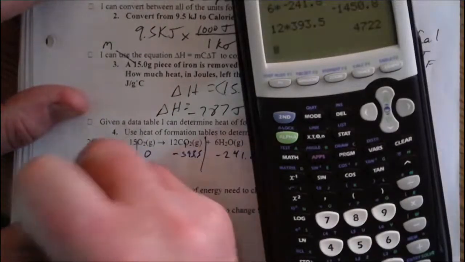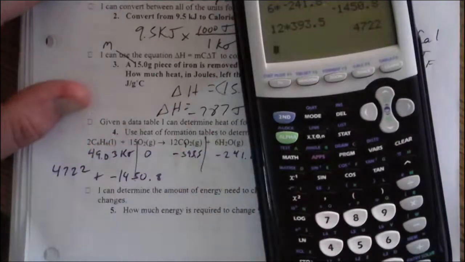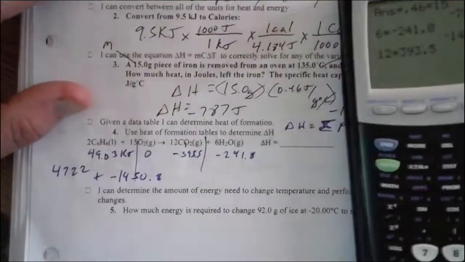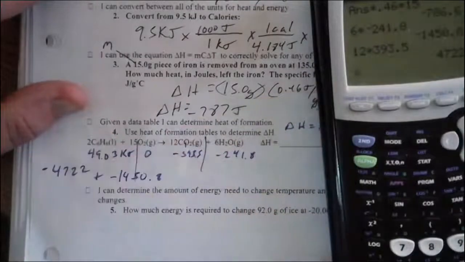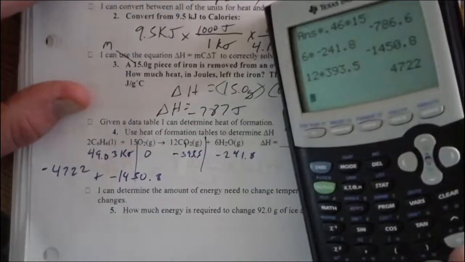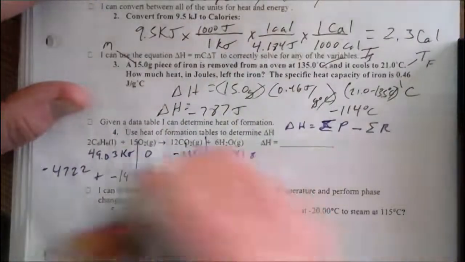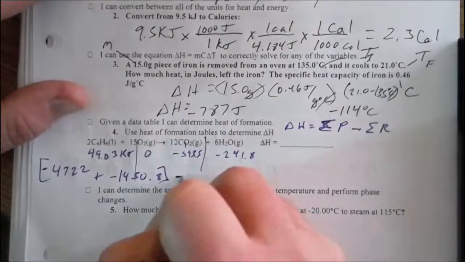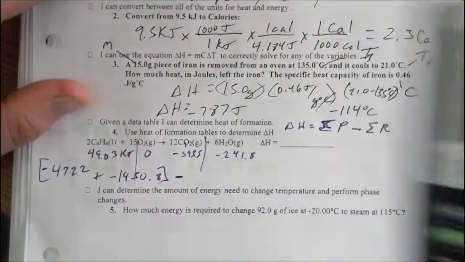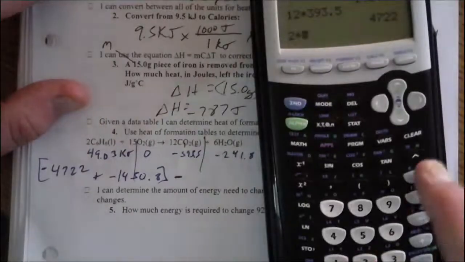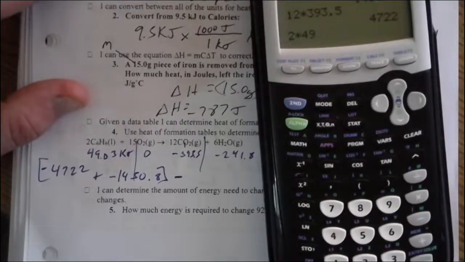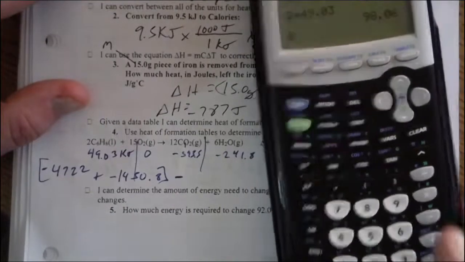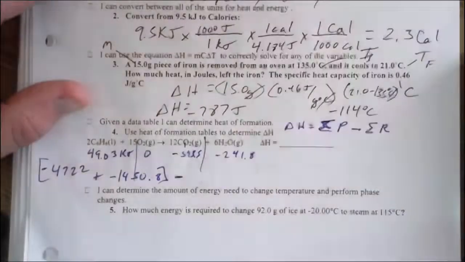It gives us 4722. And it is negative. And we're going to add all of this together. And then we're going to subtract 0 plus 2 times 49.03, which is 98.06.